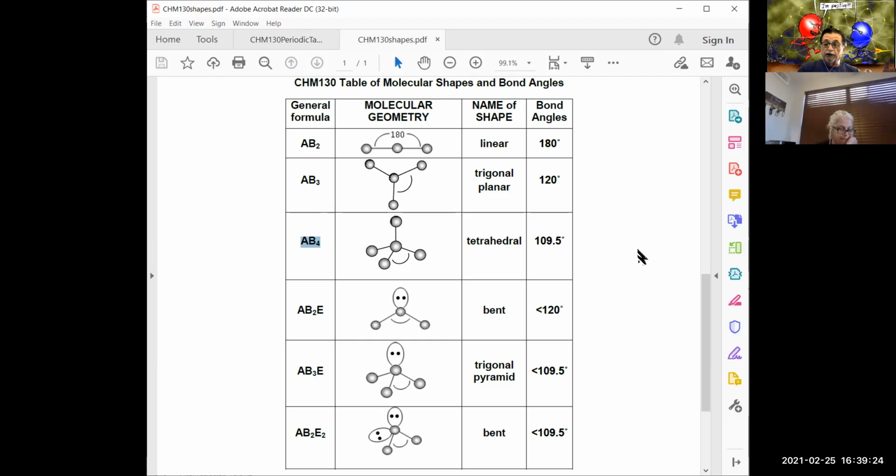Tetrahedral, the bond angle is 109.5. So you can imagine now that if we were to draw this, I don't know if I can do it with my pen.